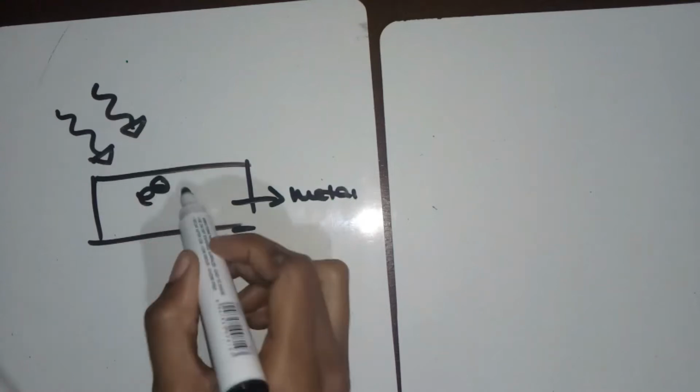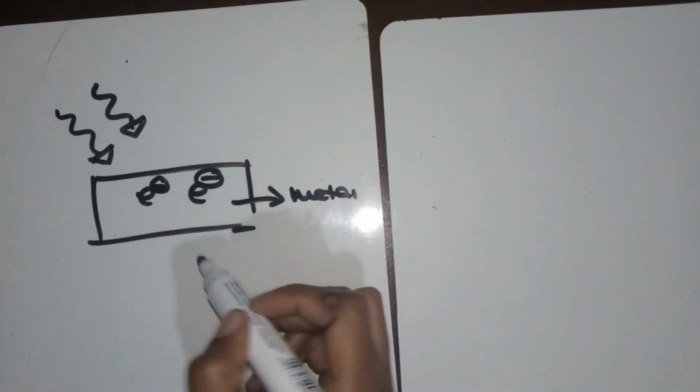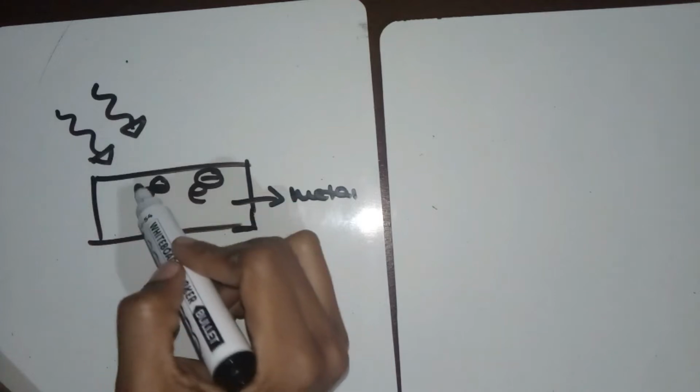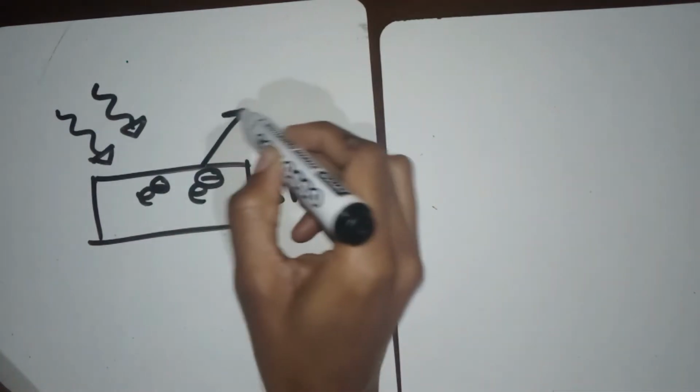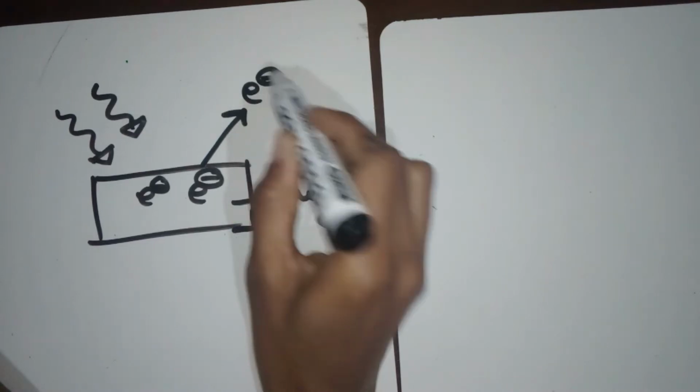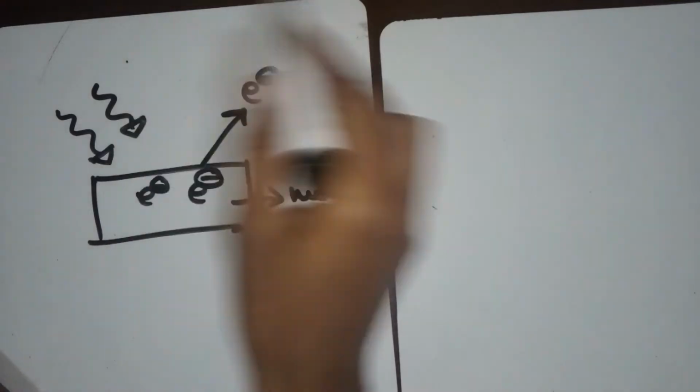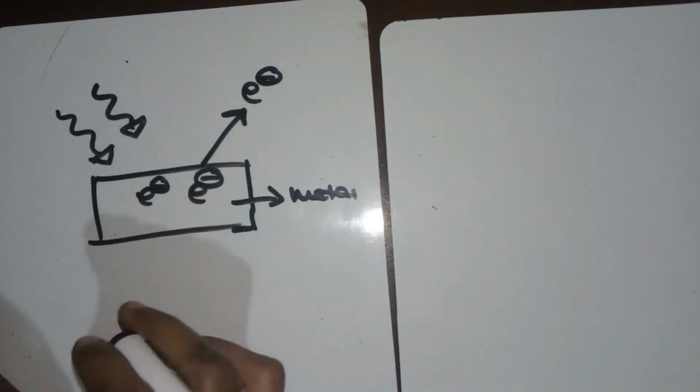We know that metals are very good conductors of electricity, meaning that the electrons in the metals are loosely bound so that they can move with ease. They found that these electrons can be ejected from the surface of the metal, or emitted. That whole process is what we define as the photoelectric effect.